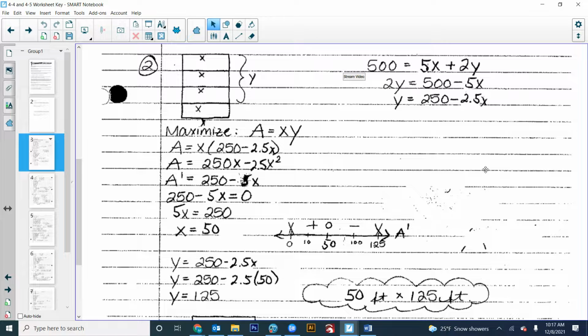You got to choose which variable you solve for. You're trying to maximize area, so we have length times width. Plug that into here. Derivative, set equal to 0. Are we getting more comfortable with the calculator doing that?